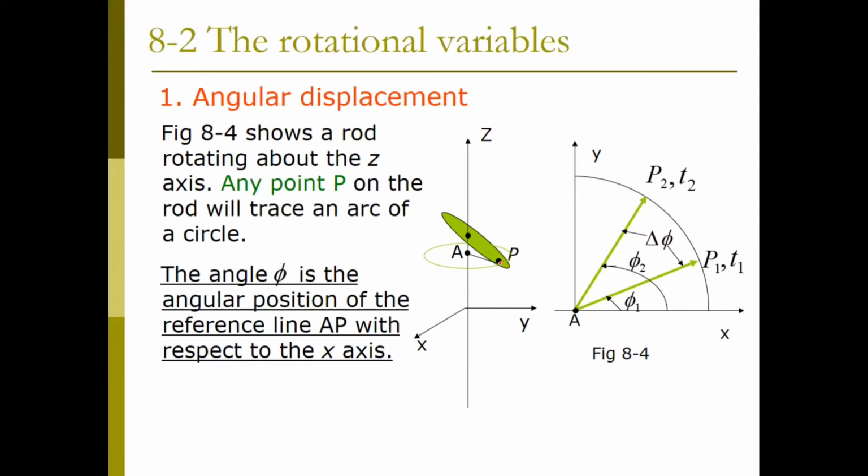Any point P on the rod will trace an arc of a circle. So any point P on this rod will trace, this is the rod, z-axis, any point P will trace an arc of a circle.